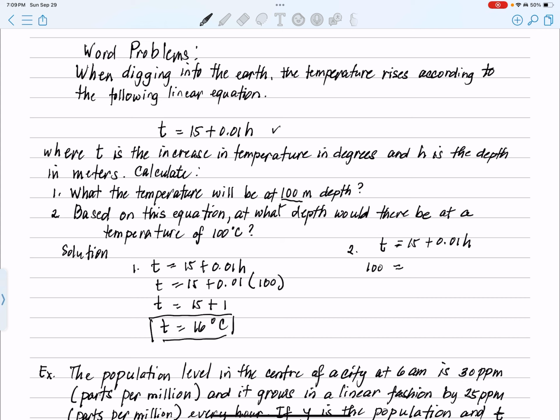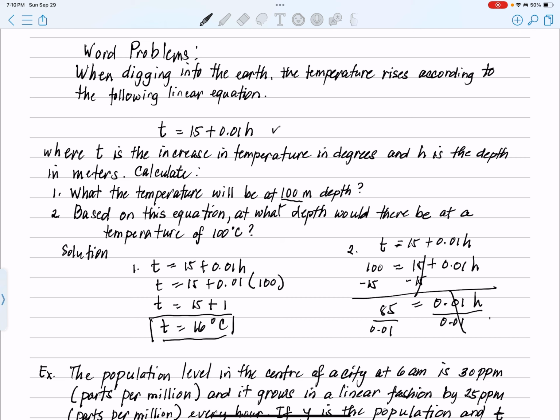So we'll substitute the 100 degrees centigrade: 100 equals 15 plus 0.01 H. We'll subtract 15 on both sides. That would be 100 minus 15, that's 85, equals 0.01 H. To isolate our H, we divide by 0.01.